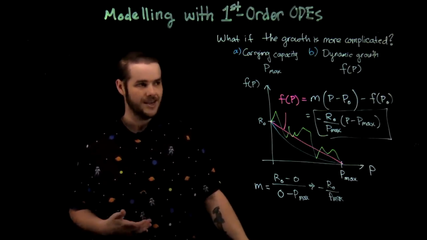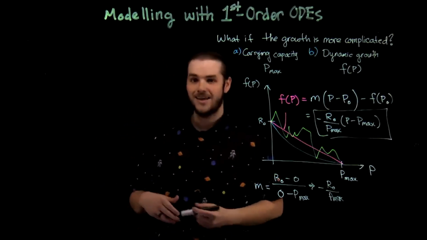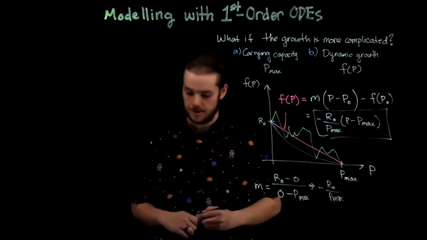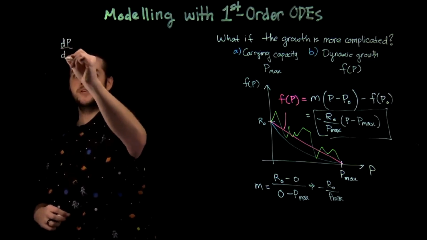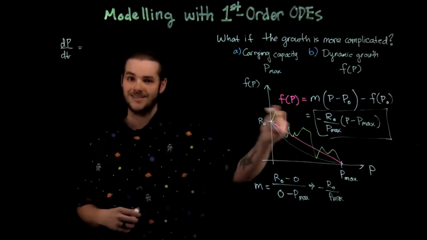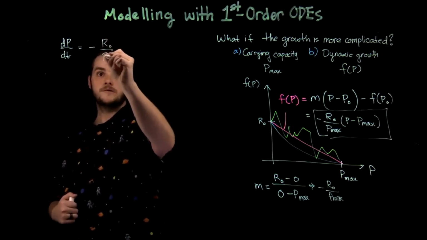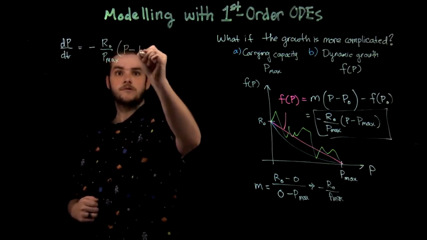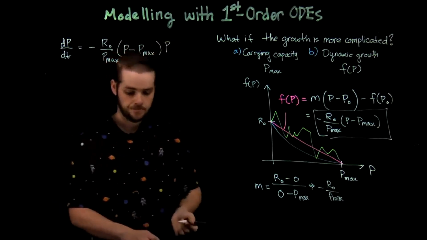So in other words, if I go back to that same type of population growth model, my original starting ODE changes a bit. No longer is it dp dt equals a constant times p, but it's this dynamic growth rate times p.